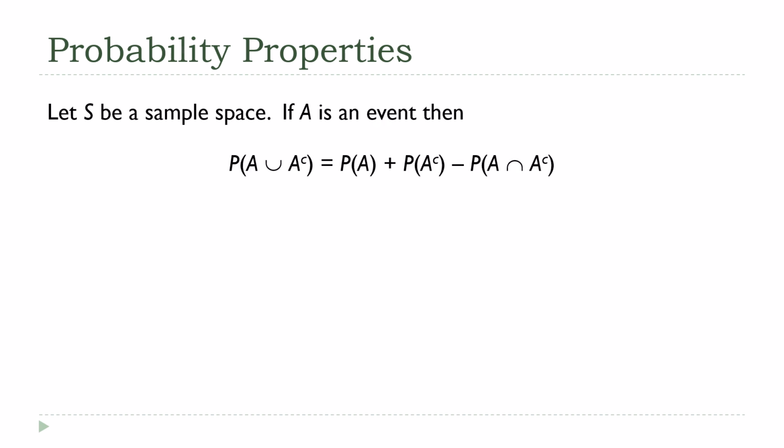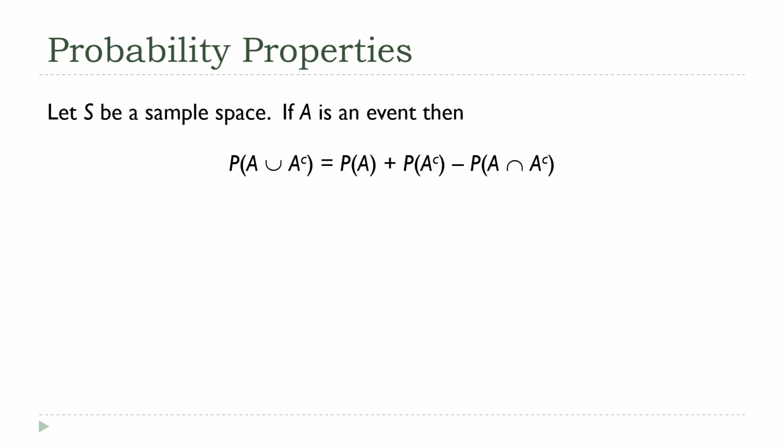Okay, let's take a look at what I've got here. This is just our formula from the previous slide. Right? I've got the probability of A or the complement of A. What does that equal? Well, our formula says that this is the probability of A plus the probability of the complement of A minus the probability of the intersection.